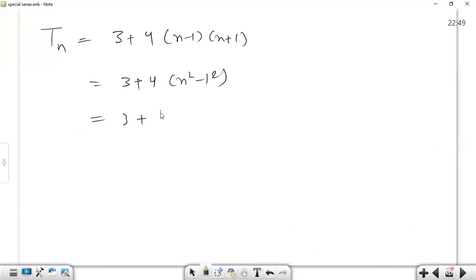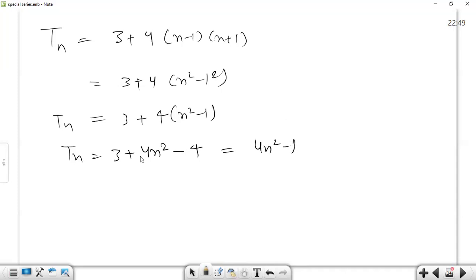This becomes 3 plus 4 into n square minus 1. This is the nth term. Let's simplify and write it as 3 plus 4n square minus 4. That becomes 4n square minus 1. The nth term is simply 4n square minus 1. This is the function.